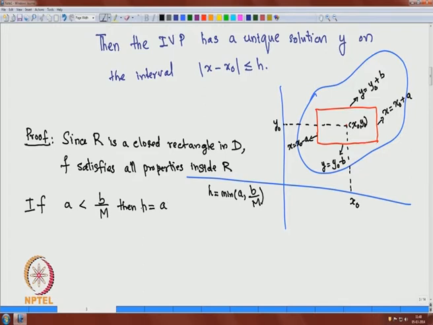And if B by M is less than A, then h is equal to B by M. In that case, h is a number which is smaller than A. So, in that case we will have another rectangle.